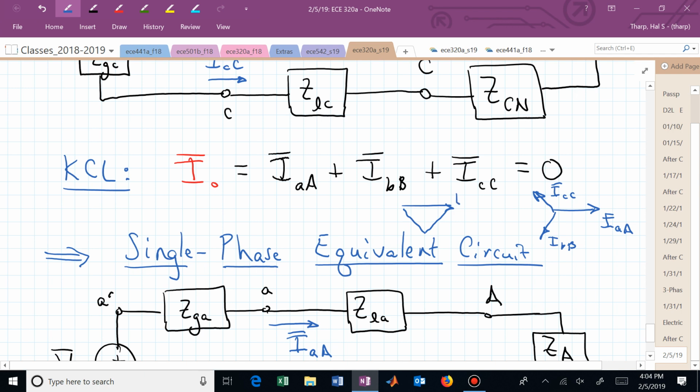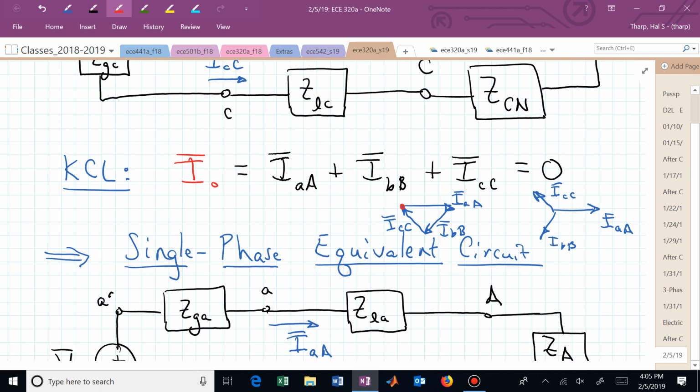So here is I sub AA. Here's I sub BB as a phasor, and here is I sub CC. And I hope that you can see that they are starting and ending at the same point. So we get 0 when we add those up vectorially or as phasors.